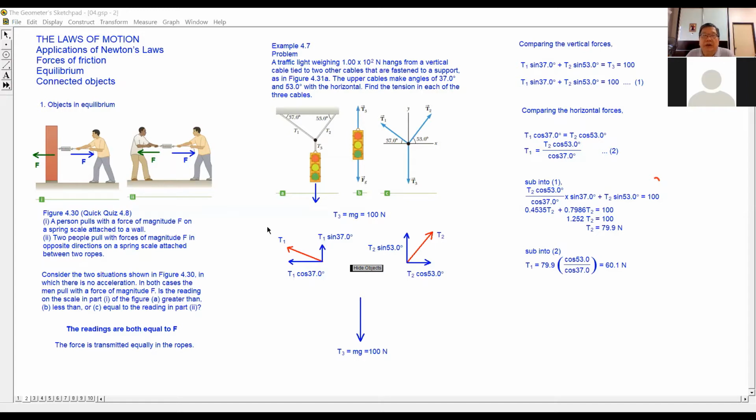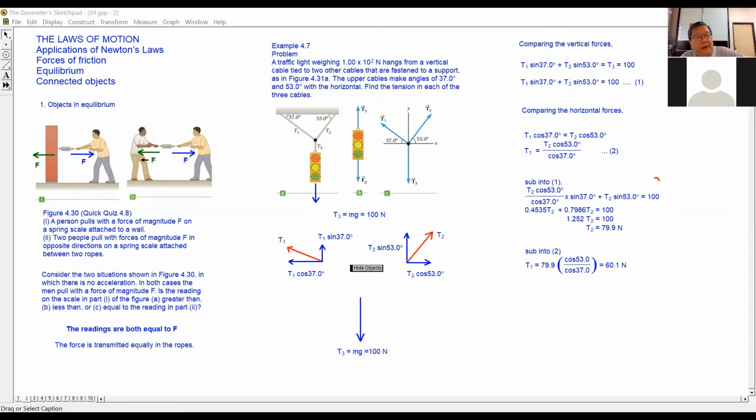So, we are going to look at the cases where the forces balance one another. We try to find out the magnitude of the forces at equilibrium. The case number one is, there is one person pulling on the wall, and in case number two, they are pulling each other.